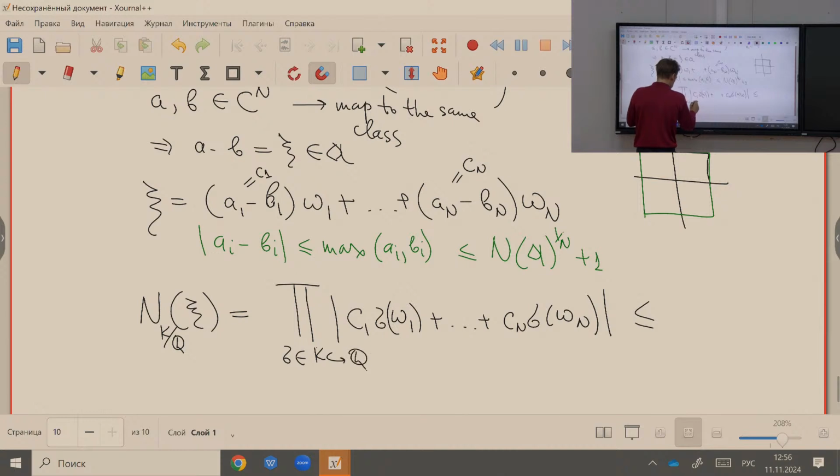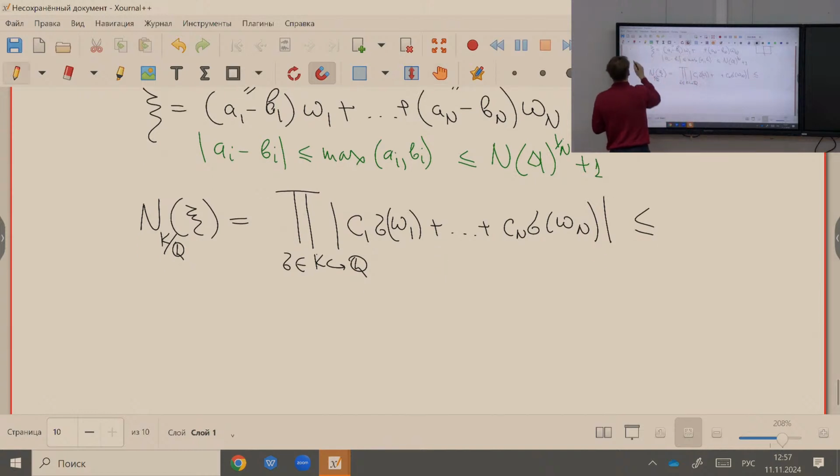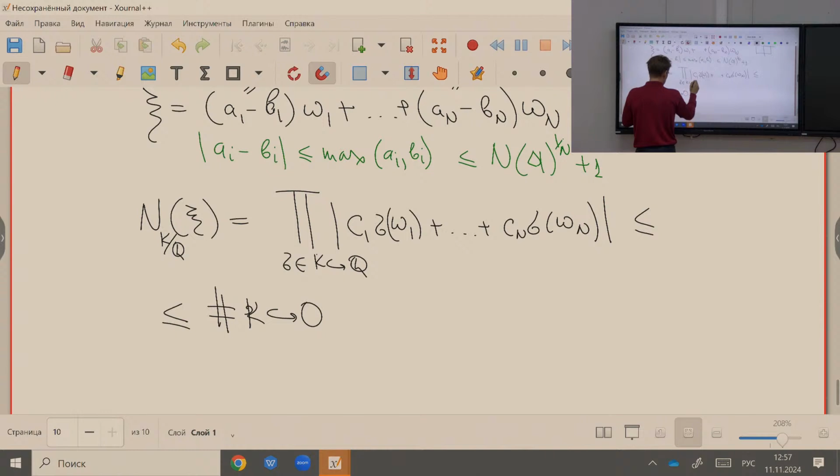So the number of embeddings is equal to the degree, the separable degree, the number of inclusions of K into Q bar, which is equal to n.